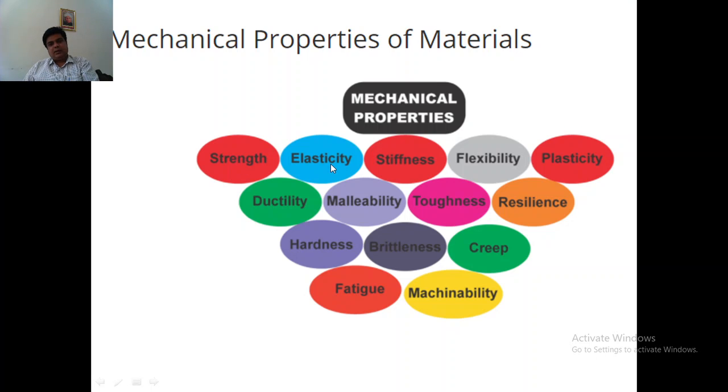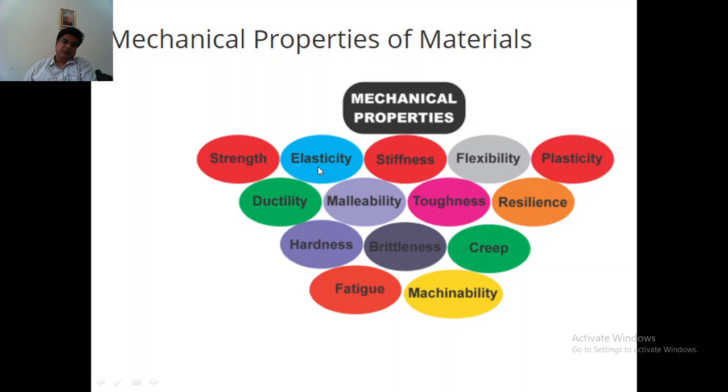Like that, there are many properties, like elasticity. Elasticity is nothing but, in simple words, when you apply load or force on the material, the shape changes. Shape means the length or maybe the diameter.